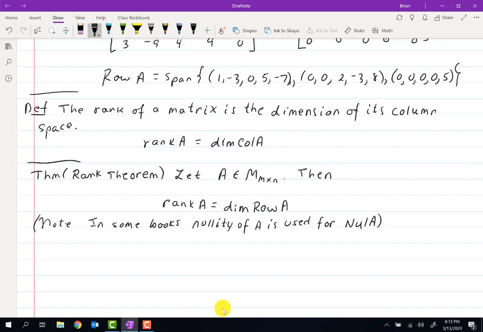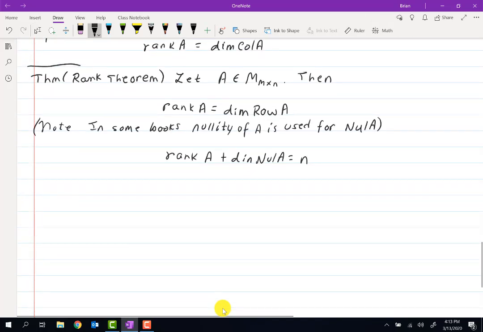And the reason I mention that is, remember we have this equation: rank A plus dim null A equals the number of columns. Let's prove this.